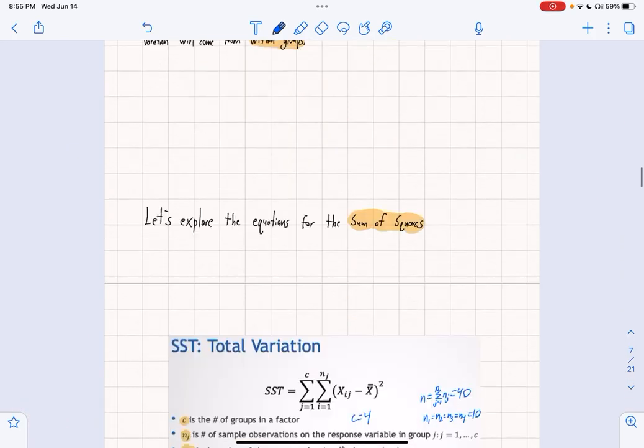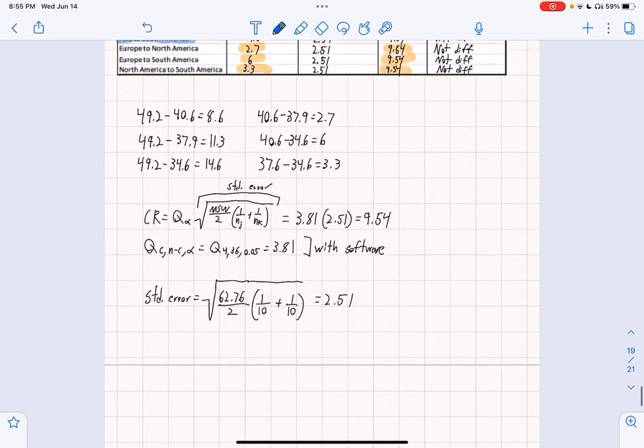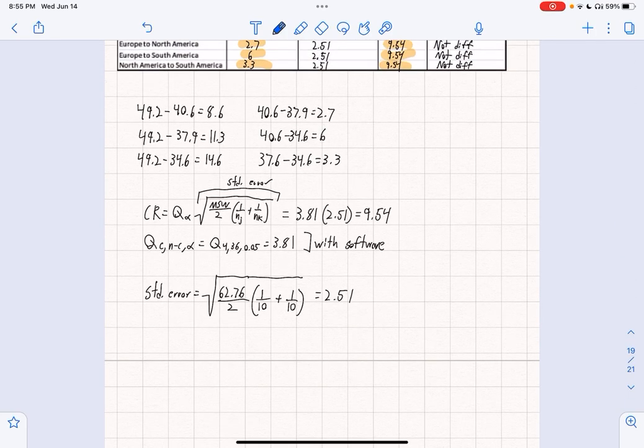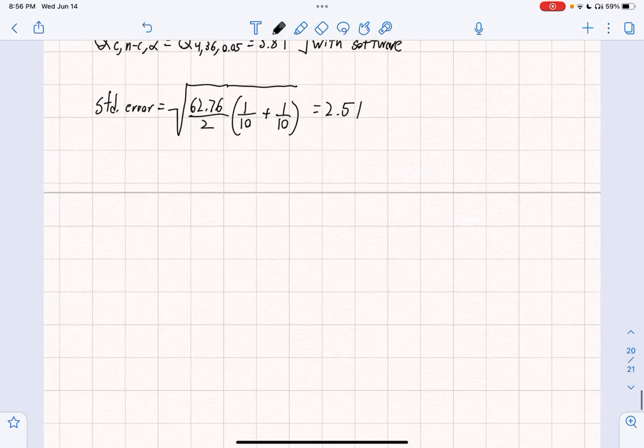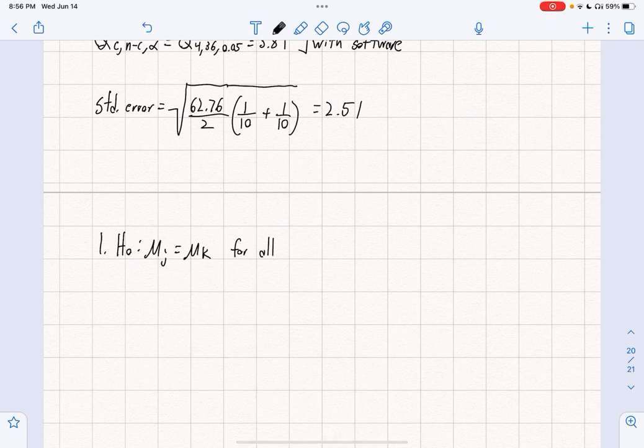Okay, so now let's go back down and quickly go through how we would do the formal hypothesis test. Our first step is our hypothesis. The null is that mu_j equals mu_k for all j not equal to k, and our alternative is that at least one of these is different. Our second step is alpha.